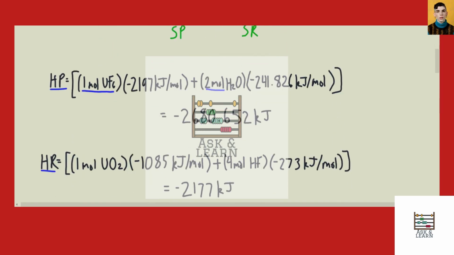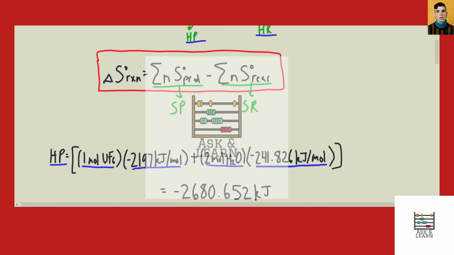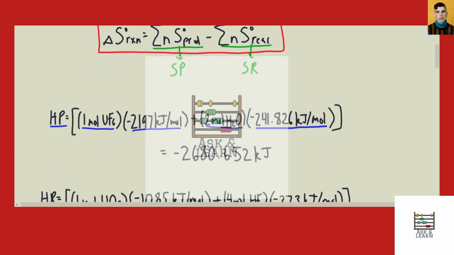We are given this value for the delta H of UF6. We can look up this value for the delta H of H2O in the appendix. And again, these correspond to the standard change in enthalpy of formation of each one of those compounds.